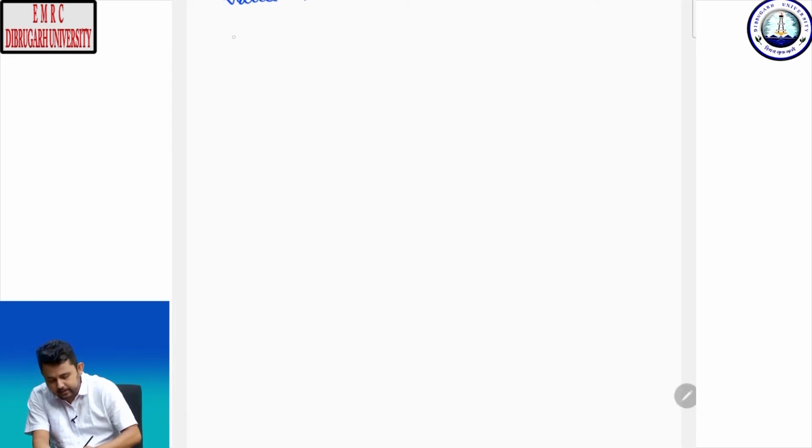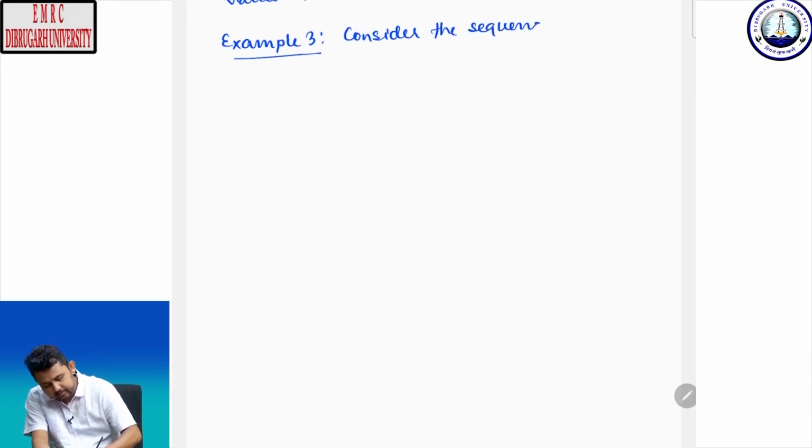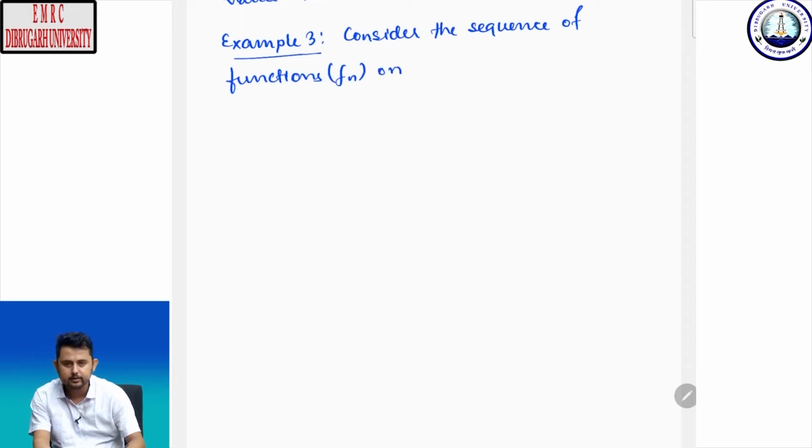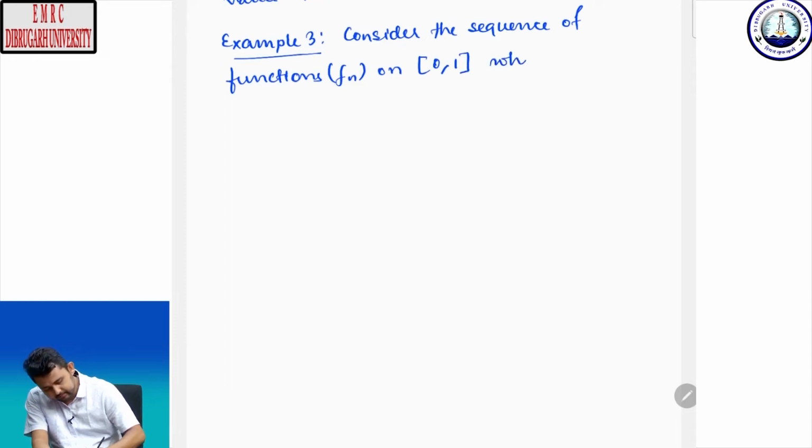So, the third example that we have, here we consider the sequence of functions fn on, say, an interval 0, 1, where fn is given by fn x equal to x power n.